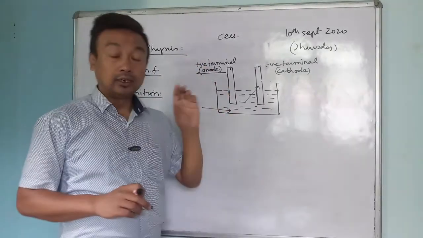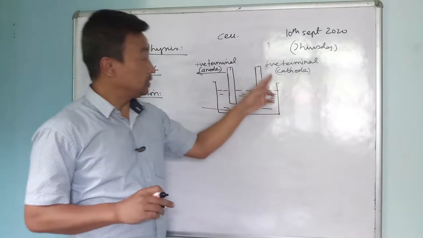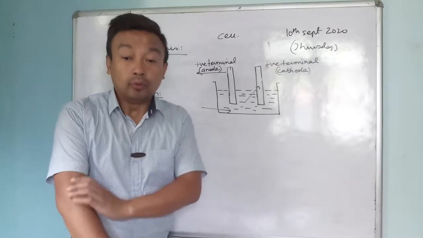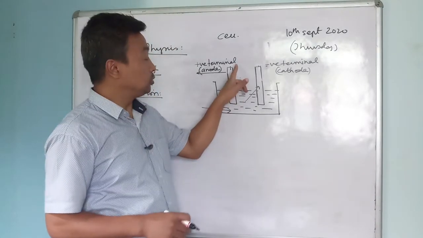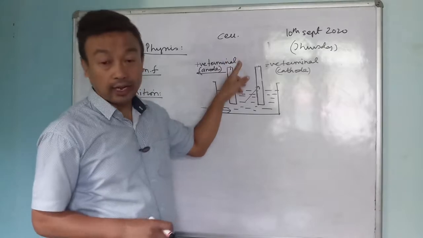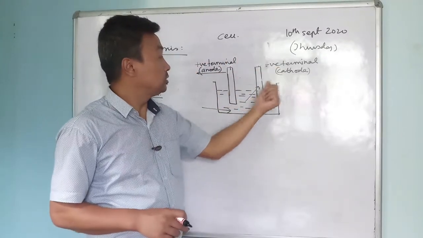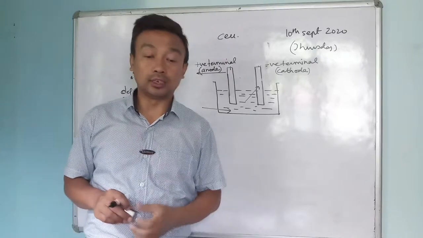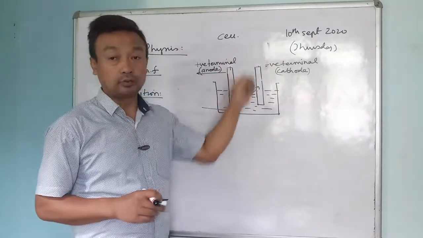EMF is defined as the work done per unit charge in carrying a positive charge across the terminals of the cell. Now what do you mean by the words across the complete terminal of the cell?